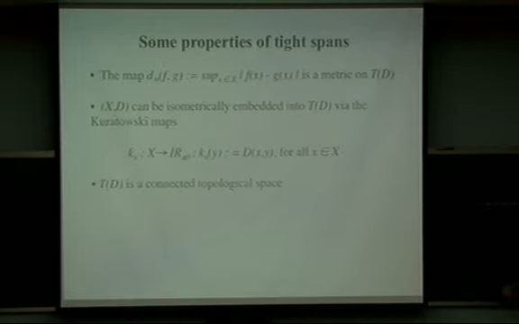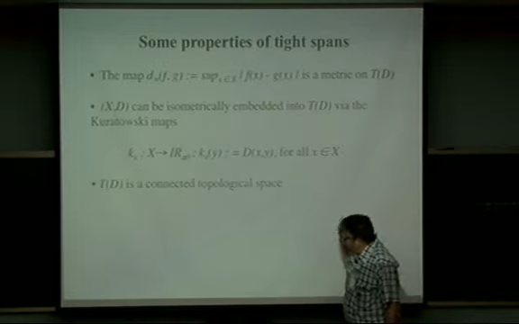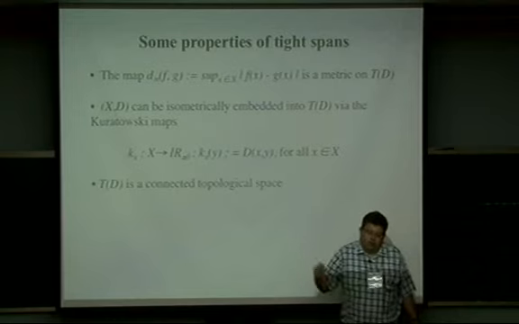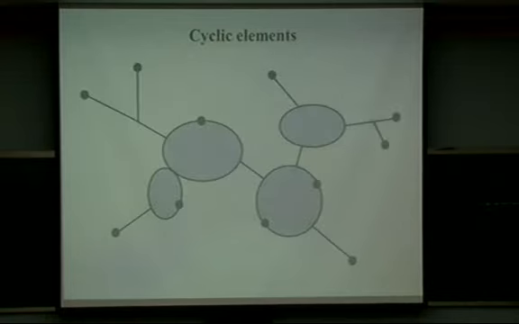But the main point of this talk is that you need to use the tight span to find this compatible decomposition. That is the main point of this talk, so I will go over this.